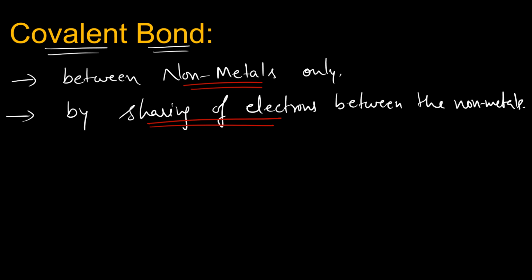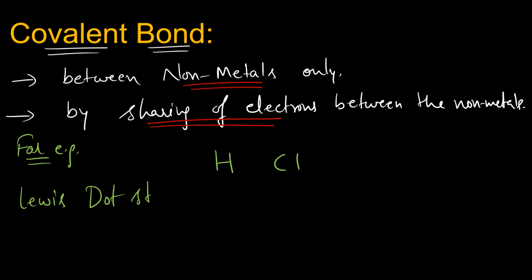Now let's see one example. For example, if I'm forming the bond between hydrogen and chlorine, very first we will draw the Lewis dot structure. To draw it, we first check the valence electrons of hydrogen.